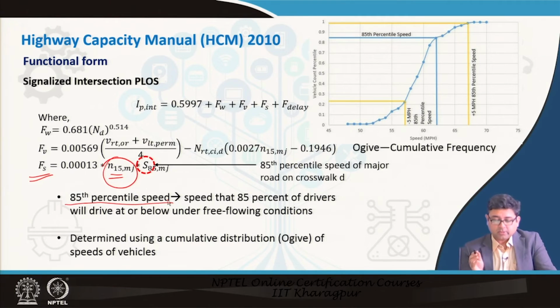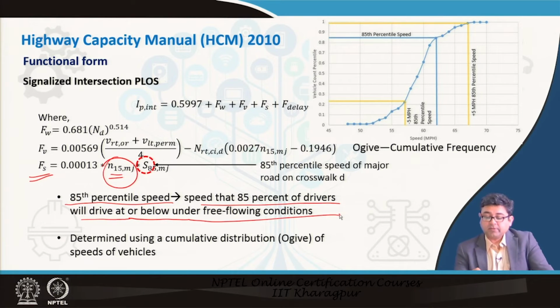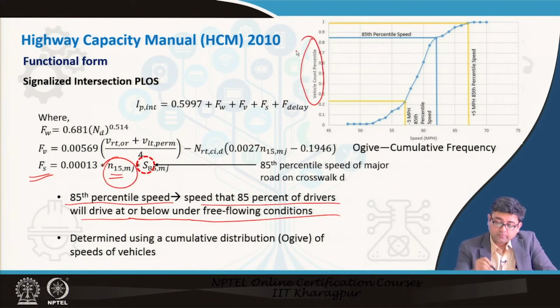The 85th percentile speed is nothing but the speed that 85% of the drivers will drive at or below under free flowing conditions. You just develop a cumulative frequency curve of the volume of the vehicle count and the speed.